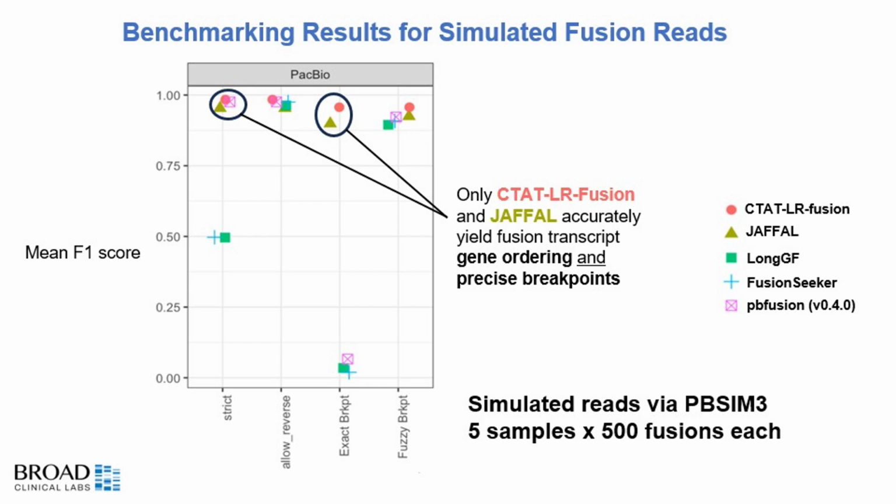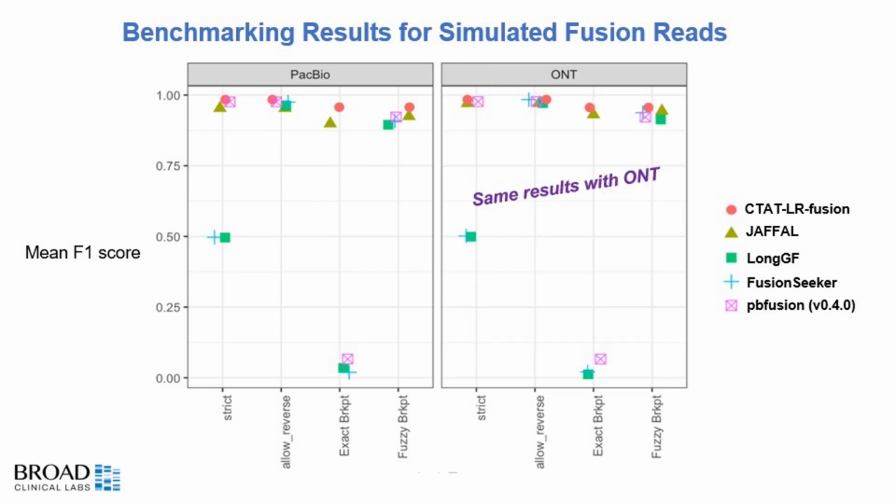And curiously enough, it's really only our tool, CTAT-LR-fusion, and Jaffa-L that accurately provided both fusion reporting with requiring strict ordering of the genes, so correct ordering of the genes, and also having exact breakpoints defined. We found very similar results if we did the simulations with the ONT data. So really, it's our tool and Jaffa-L that were performing best with the simulated data.